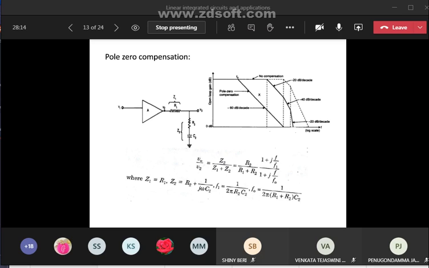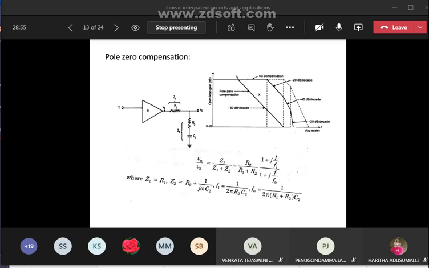Here you can take f2 or f0, where f1 equal to 1 by 2 pi R2 C2, and f0 or f2 equal to 1 by 2 pi (R1 plus R2) into C2. See here, it is a pole zero compensation curve.